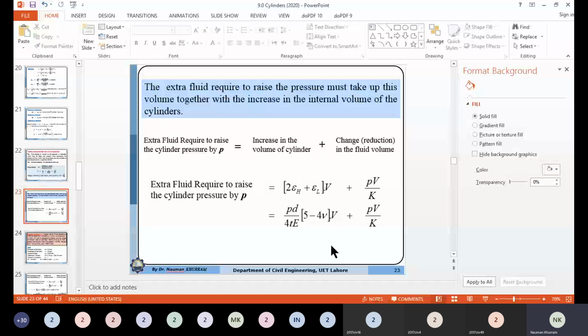For example, assume you have a cylinder whose volume is equal to 100 units, and a fluid that also has a volume of 100 units at atmospheric pressure. You want to pour that fluid into the cylinder at a pressure of 10 megapascal.